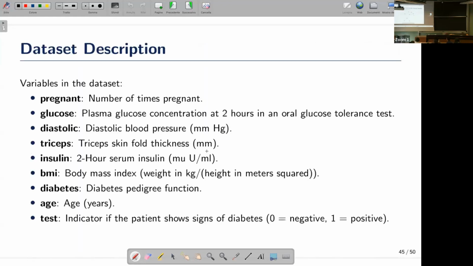I will show you in R that it contains these variables: the number of times the woman was pregnant, the glucose level at 2 hours made by the glucose tolerance test, the diastolic pressure, the thickness of the triceps, the insulin, the BMI, the diabetes pedigree, which is actually a number, the age and the test.